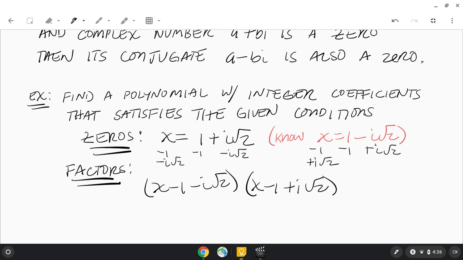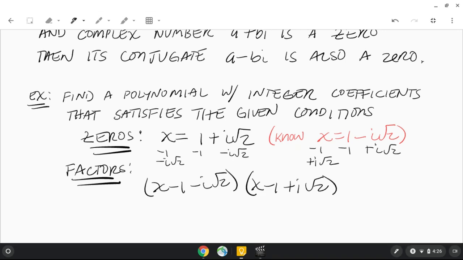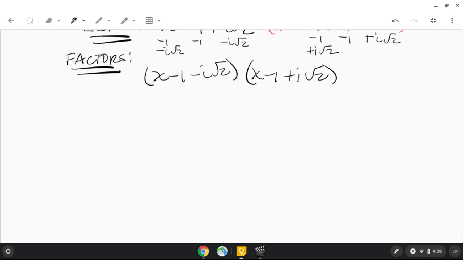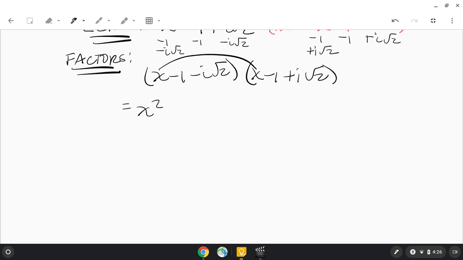Okay, so then here, I'm going to go ahead and multiply this out. You can go ahead and distribute. x times x is x squared, and then x times negative 1 is negative x, and then plus x i square root 2.